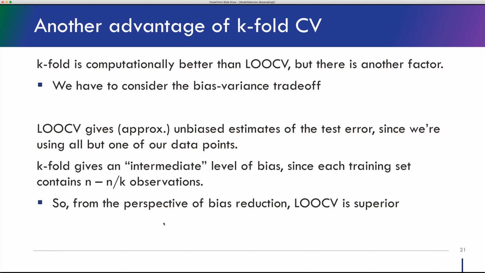So from the perspective of bias reduction, leave one out cross-validation is better because it uses more data and gives more unbiased estimates of the error. This is part of the advantage of leave one out cross-validation.